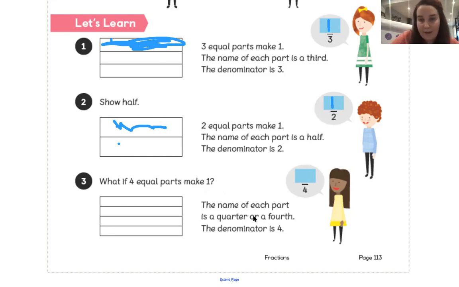Now, ignore this. We never use the word fourth. So the name of each part is a quarter, and the denominator is 4. So 4 equal parts make 1 whole one. And if I've shaded in these 2, I've got 2/4 shaded, because the denominator shows us how many parts and the numerator shows how many are coloured in.